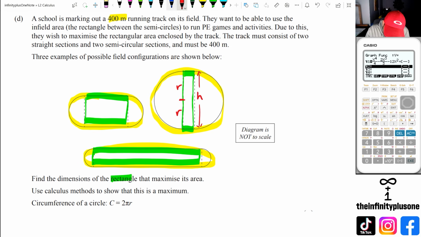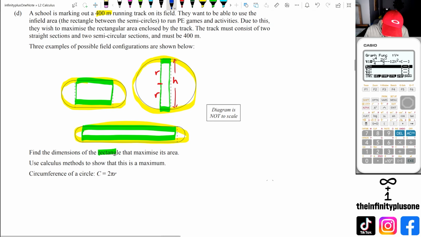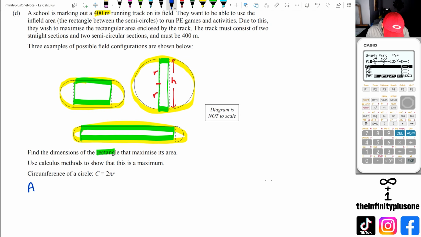I'm going to start working on that first. I'll put down area is equal to base times height for the rectangle, and I've sorted out the height, which is 2r. So that's 2r for the height, and I need to work out the base of the rectangle.